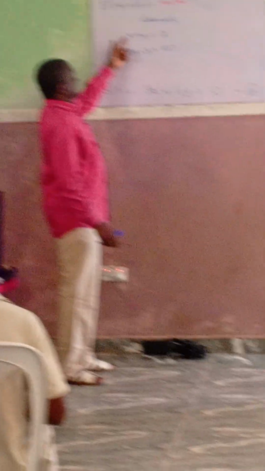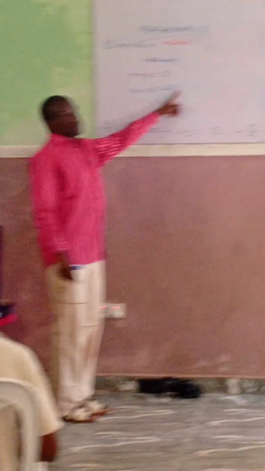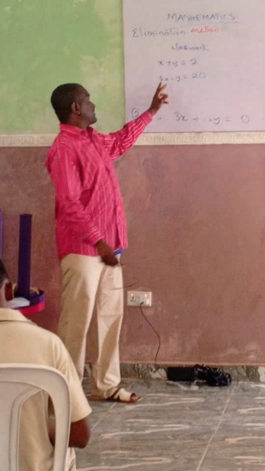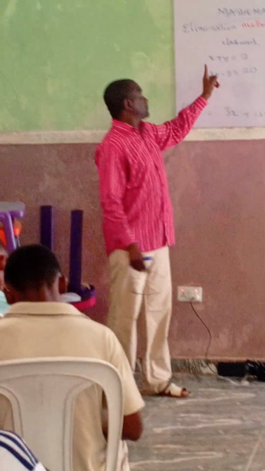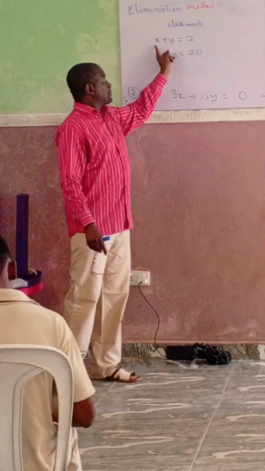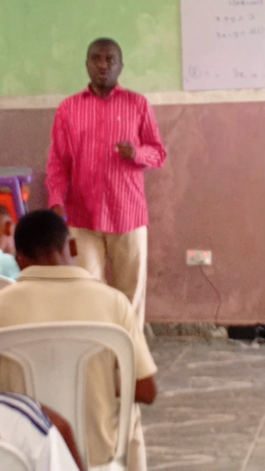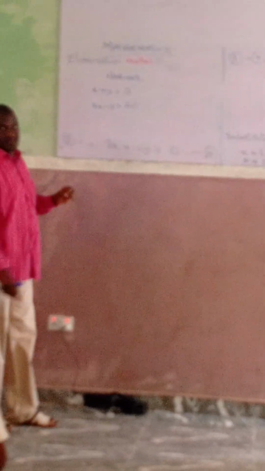For us to have 3 here, we multiply equation 1 by 3, but equation 2 stays the same because we already have 3 here. When multiplying equation 1 by 3, you multiply all the terms.